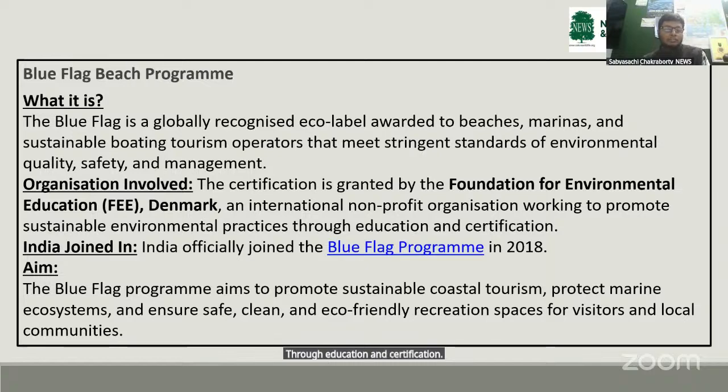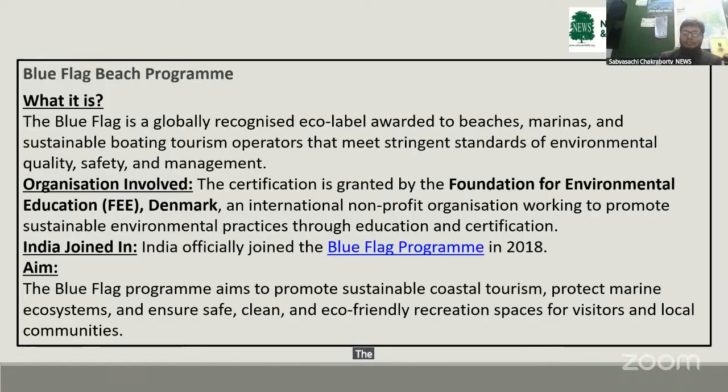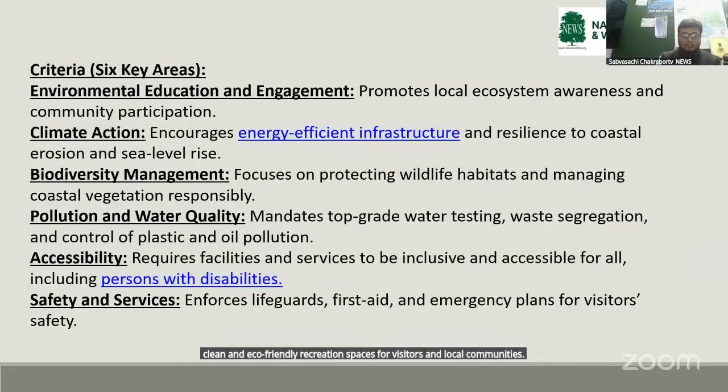India joined this program in 2018, and it aims to promote sustainable coastal tourism, protect marine ecosystems, and ensure safe, clean, and eco-friendly recreation spaces for visitors and local communities. There are six criteria. If a beach fulfills all six, only then is it recognized as a Blue Flag beach.